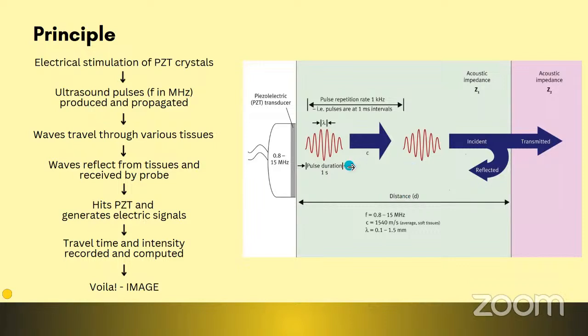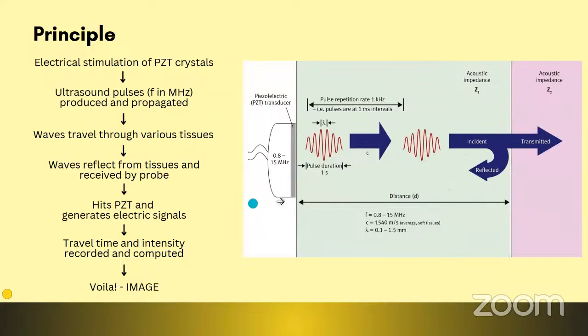As I told earlier, the piezoelectric effect. This reflected ultrasound pulse would apply pressure on the crystal, thus producing electrical signals, which would again be taken up by this probe and computed. It also takes the values of the travel time, that means from the transducer to the wall or the interface between the two media.